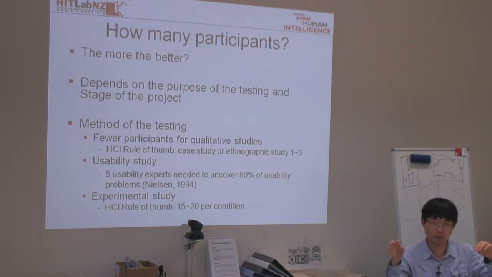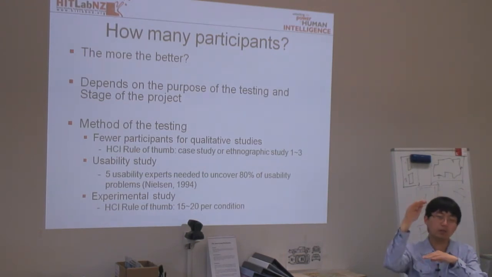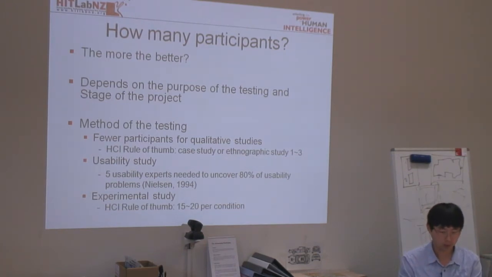So if it's task completion time, and the two groups are going to have 10 seconds of difference, that might require more people than if you're expecting an hour of difference, obviously. So it depends on how much of a difference you are looking for between the groups, and that depends on the statistical tools you're using. But in general, most HCI papers end up with a number of participants around 20.